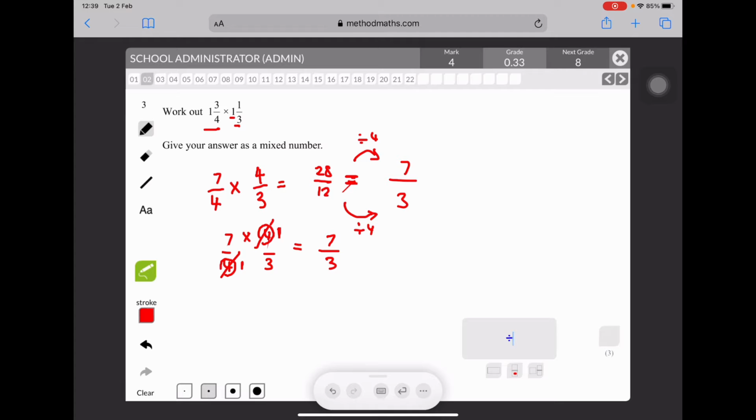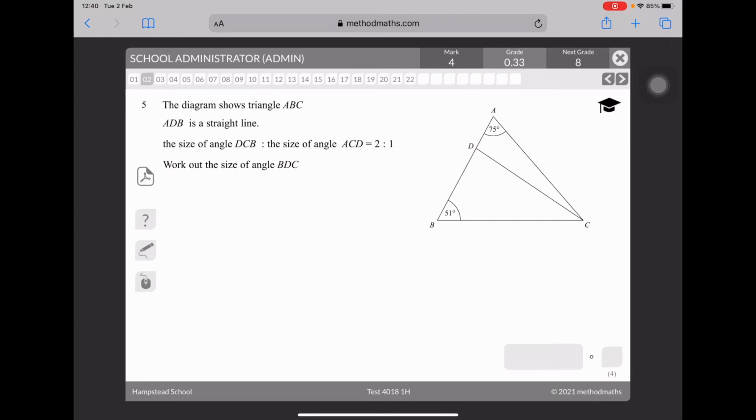Okay, it's not really working properly, but the answer is 7 over 3. The most important thing is we worked it out. So I'm going to move on to question 5. As I said, you don't need to answer questions 1 and 4, and there are a few other questions you don't need to answer, so I'll only do the ones which I've asked you guys to answer.